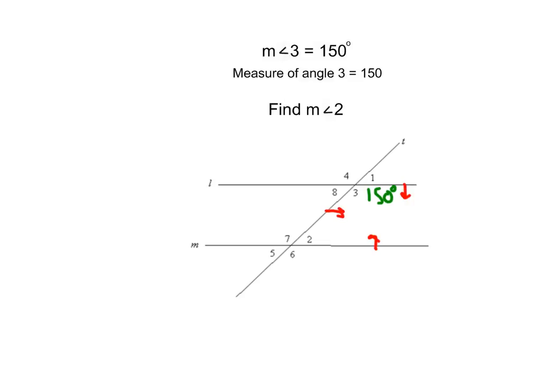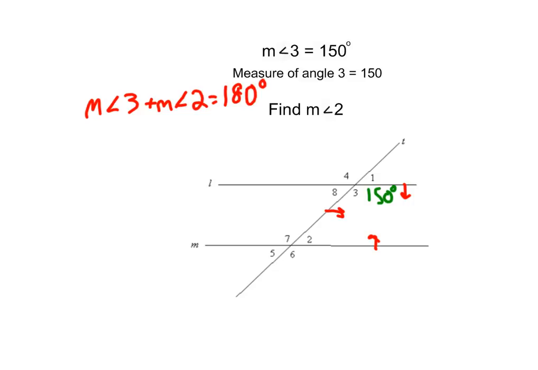I can say that they're same side interior angles, which tells me that the measure of angle 3 plus the measure of angle 2 is supplementary, which means they're equal to 180 degrees, which means they would create a straight line.